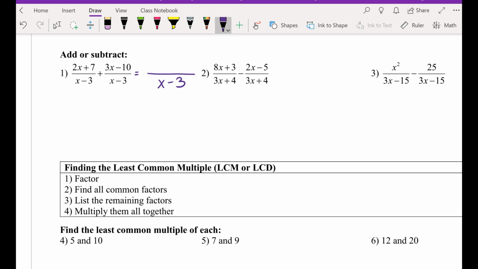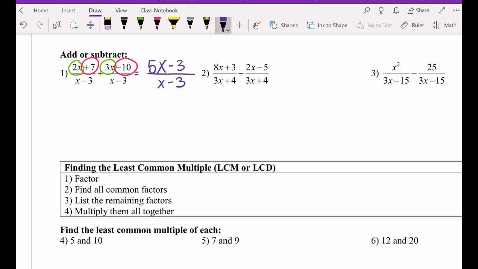On the numerator, can I combine anything? Anything that's the same? Yeah. So 2x and 3x, Keely, what would that make? Good. Then we can also combine the 7 and a negative 10, and what would that make, Chloe? Seven minus 10?